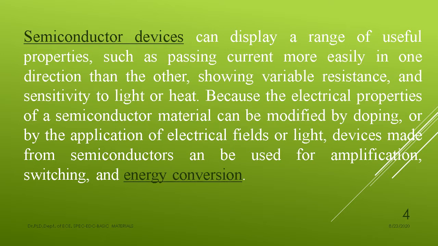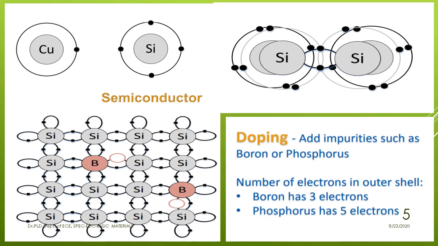We can observe the switching action of diodes and transistors, and the amplification action with bipolar junction transistors and field effect transistors. These are all applications of the semiconductor materials. So here, as basic concepts of semiconductors, a copper, a silicon.